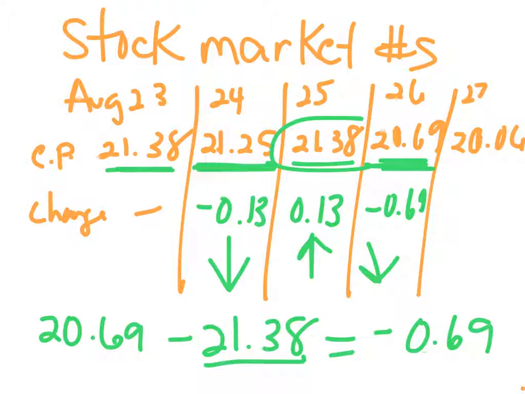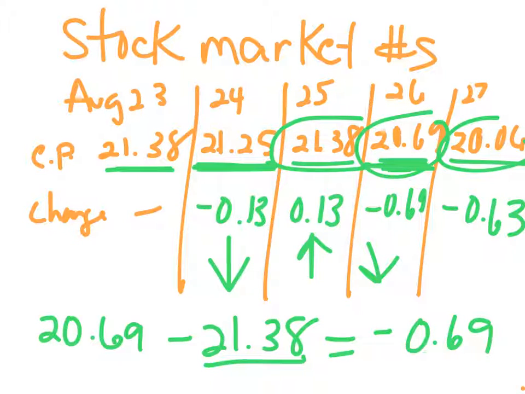And I would do the same thing for the last one. It's going to be 20.06 minus 20.69. This day is bigger than this day, so I know that I'm going to have a negative 0.63 as my answer.